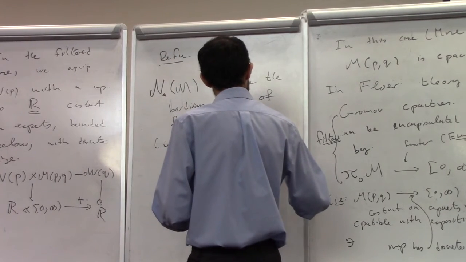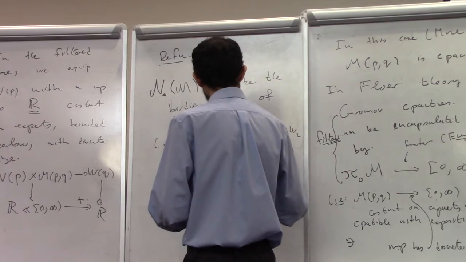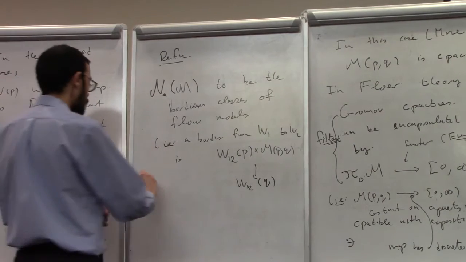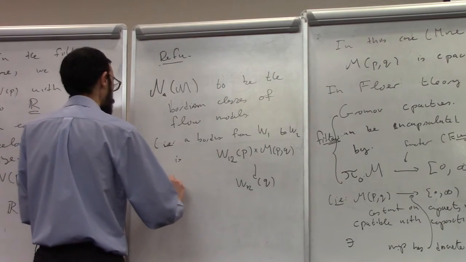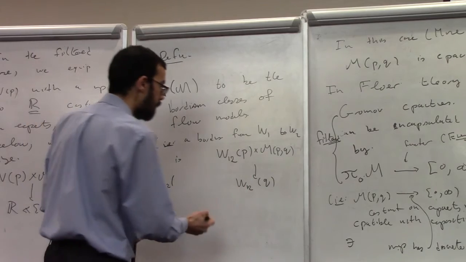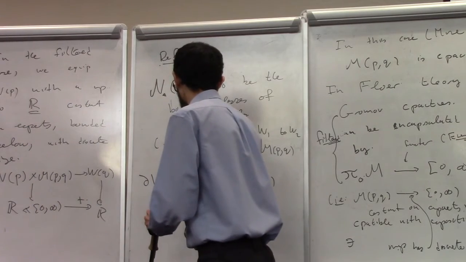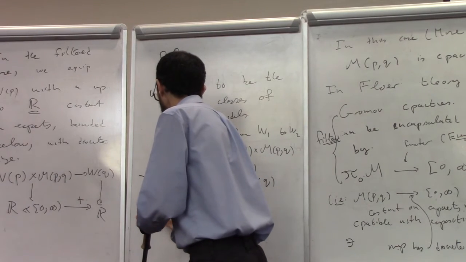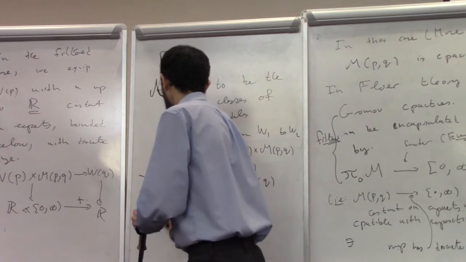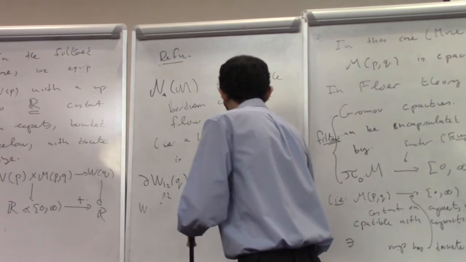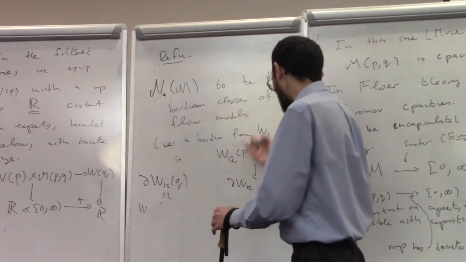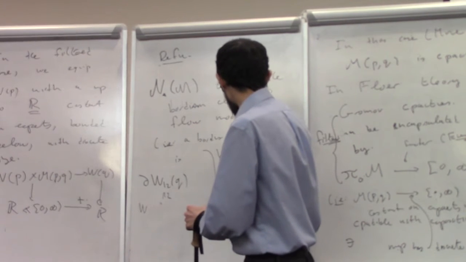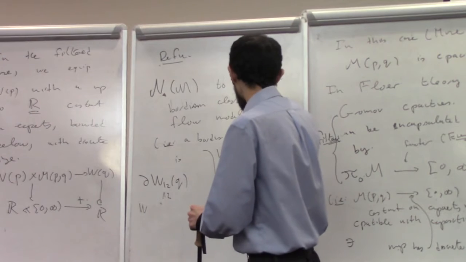But the equation that it satisfies is just a little bit more complicated. When you take the boundary of W_12 of Q, it consists of two pieces. The boundary maps to the thing, it's given by this map to the boundary. But the key thing is that the union of these over all P doesn't cover this.